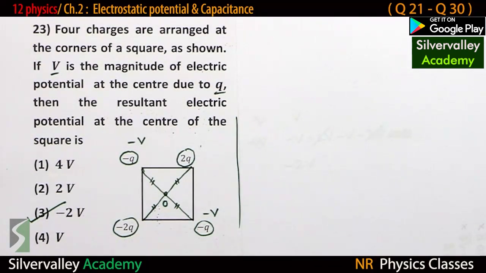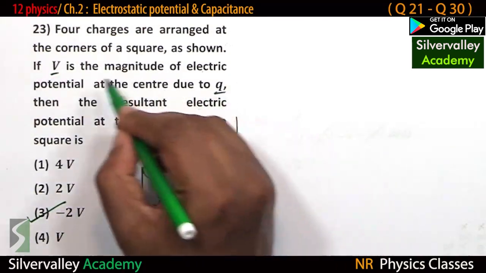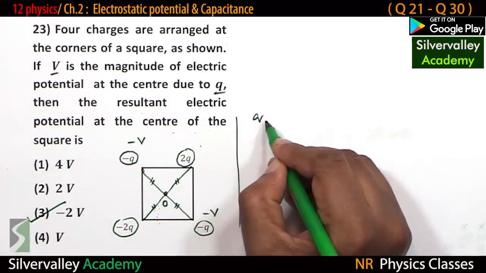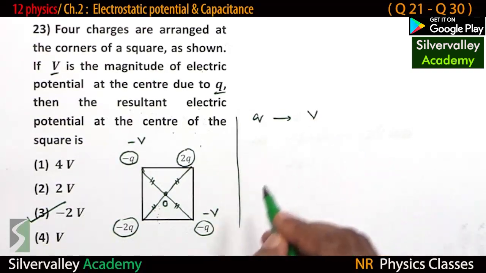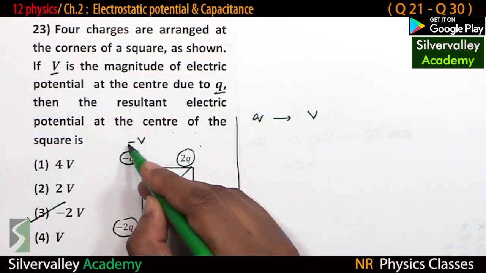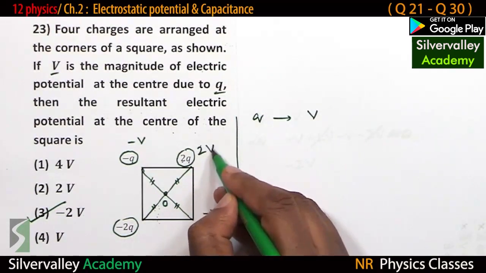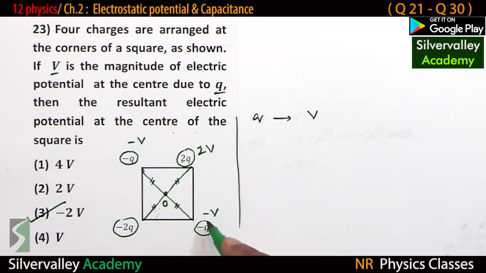Now observe, potential at the center due to Q is V. Because of minus Q, potential is minus V. Because of 2Q, 2V. Because of minus 2Q, minus 2V.